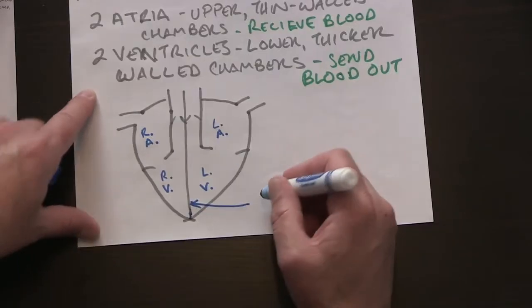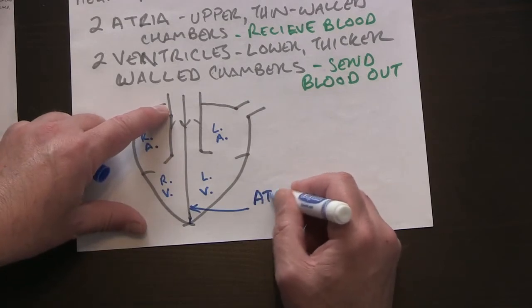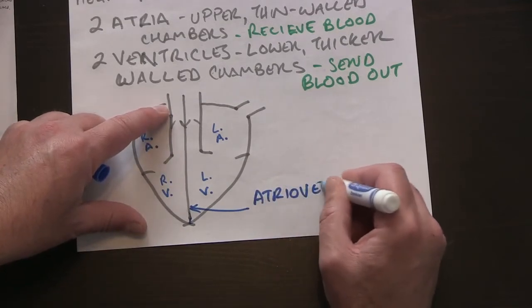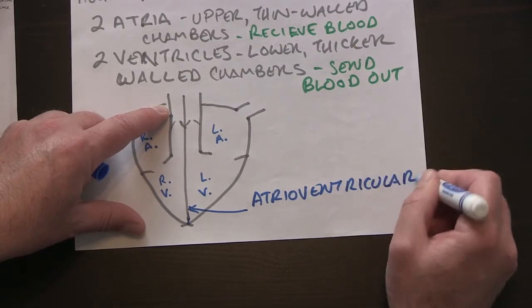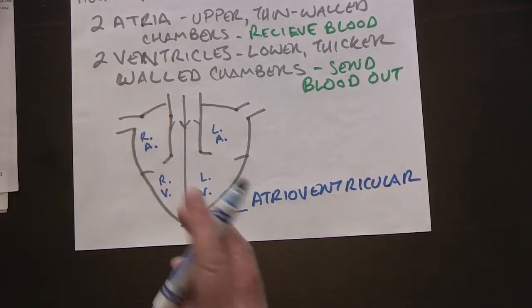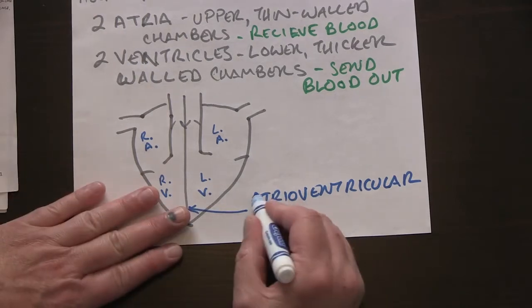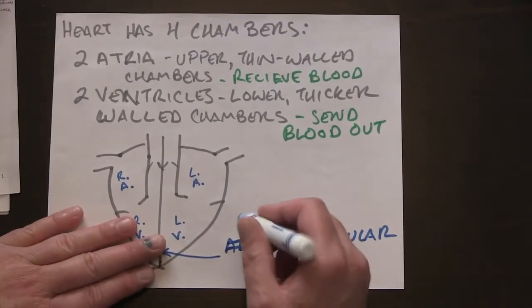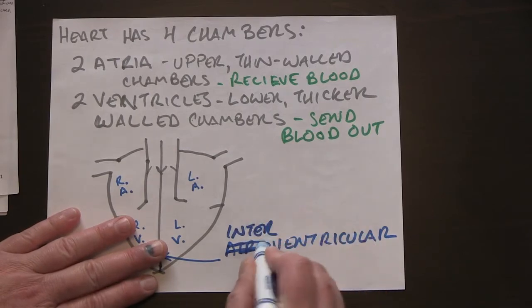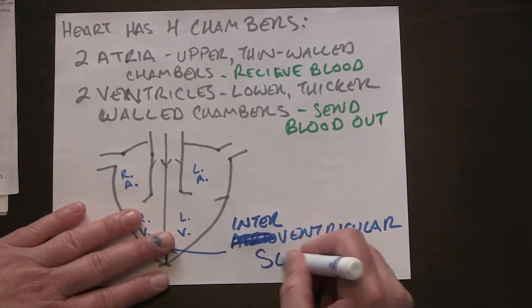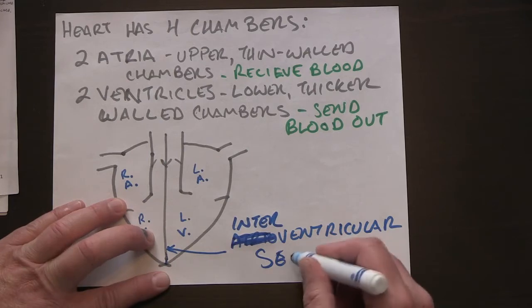It's called the atrioventricular septum. I'm sorry, my bad. Not atrioventricular. The interventricular septum, because it's in between the ventricles.